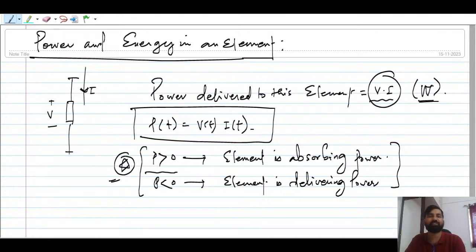And the passive sign convention says that if any passive element is there, and you are specifying the voltage across the element, the current is going to enter the plus terminal of the element. So you can say that the power is going to be absorbed by that element, right?